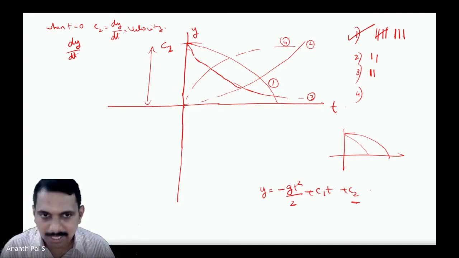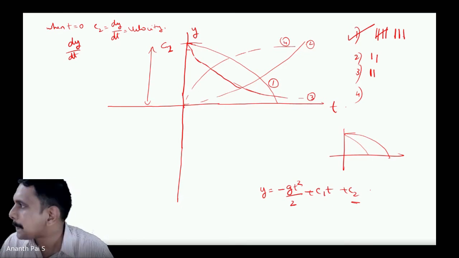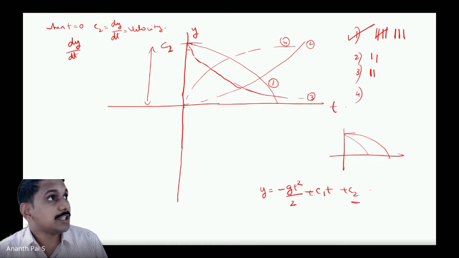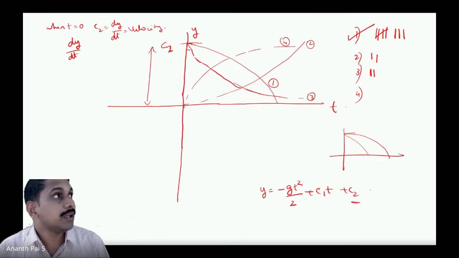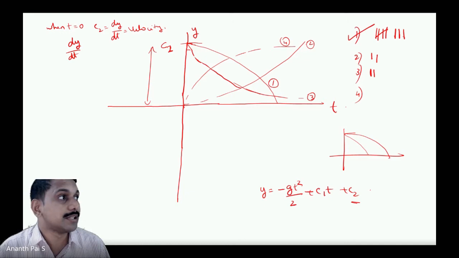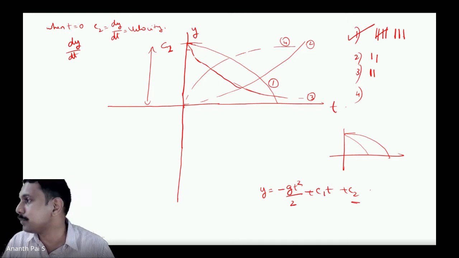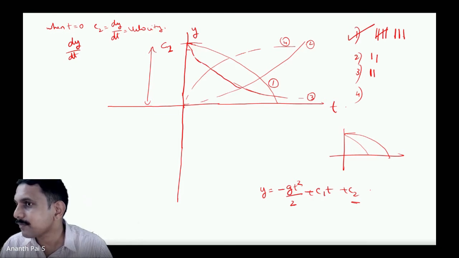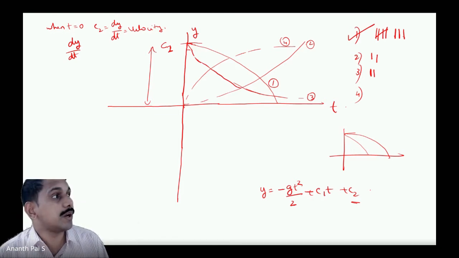Anyhow, chalo. What is the equation for curve 3? It is not this, that's for sure. It could be 1 by x. Plus gt square by 2?